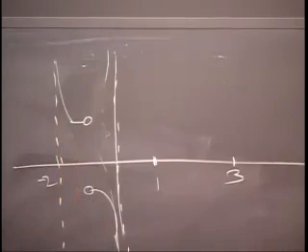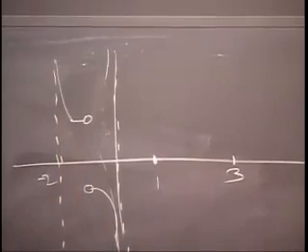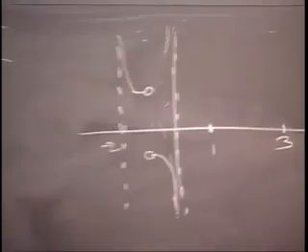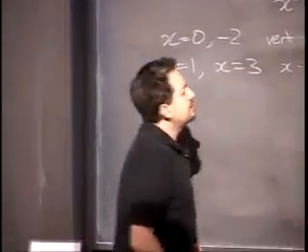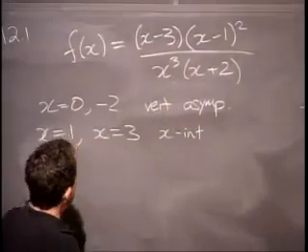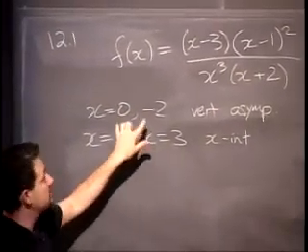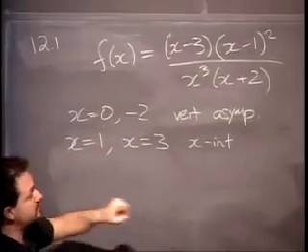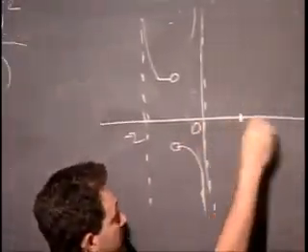And really, what I want to do is make a list of all the places where the function is either 0 or blows up or perhaps has a discontinuity. And in this case, it only equals 0 or is not continuous at these 4 points: minus 2, 0, 1, and 3.